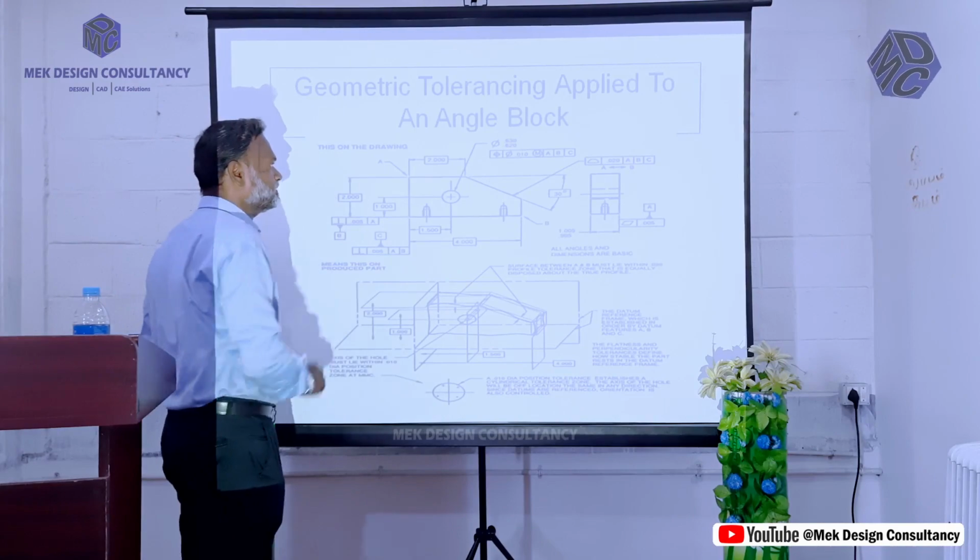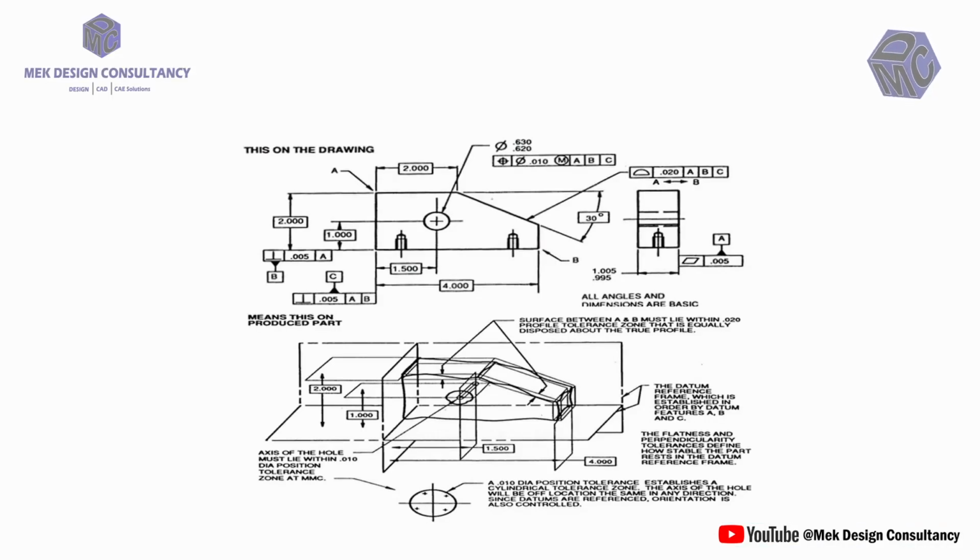If you see the circle here, the diameter of the circle is specified, and the tolerance is also specified. To represent the GD&T symbol concept, the position symbol is mentioned here, with the diametrical tolerance and the maximum material condition symbol.